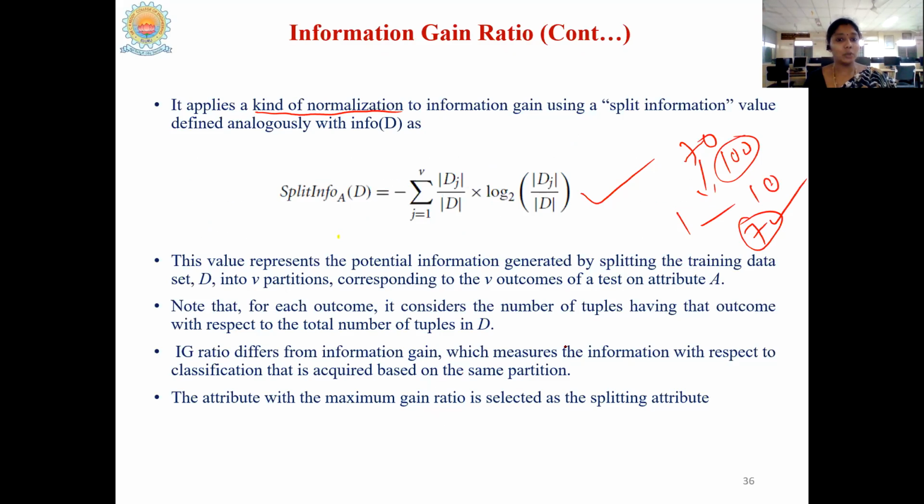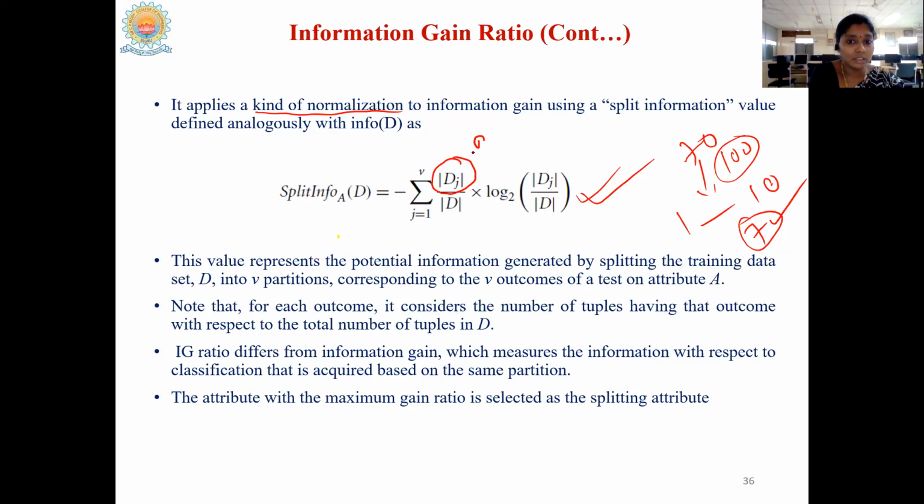This value of the split information represents the potential information generated by splitting the training data set D into V partitions, corresponding to the V outcomes of the test on the attribute. Note that for each outcome, it considers the number of tuples having that outcome with respect to the total number of tuples.